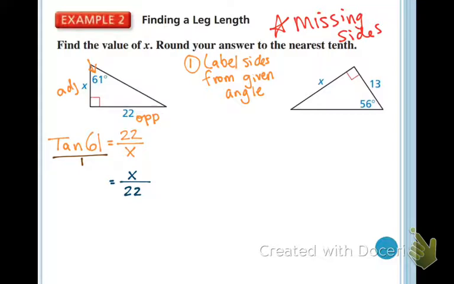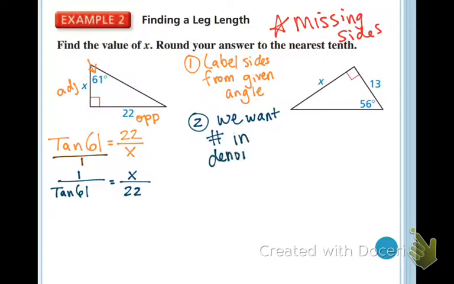So, do we agree in math, what you do to one side, you have to do to the other? Okay? So if I flip this side, what do I have to do on the left side of the equation? I'm going to flip it. You're not going to flip it every time, but here's what you want. We want the number in the denominator, which means the bottom of the fraction.